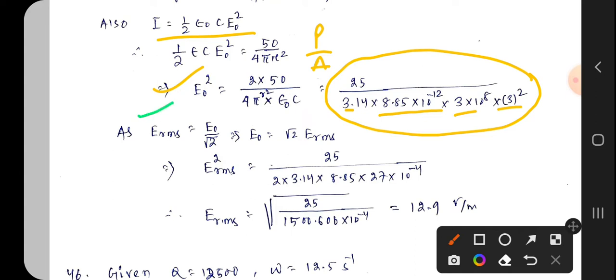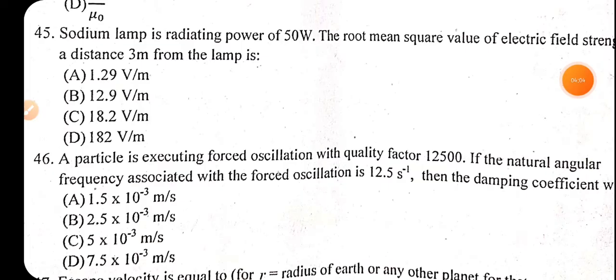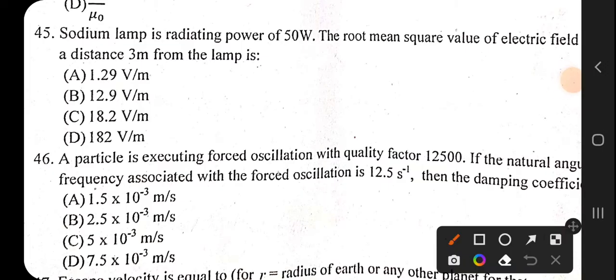That means E naught equals root 2 times the E RMS value. Putting this value in the equation, the answer is 12.9 volt per meter. So this is the RMS value of the electric field. So the answer will be option number B, that is 12.9 volt per meter.